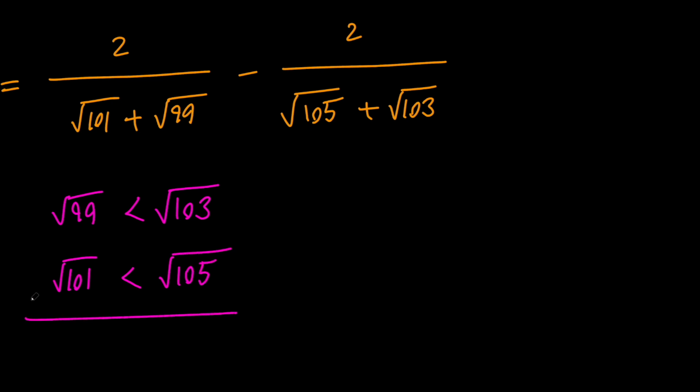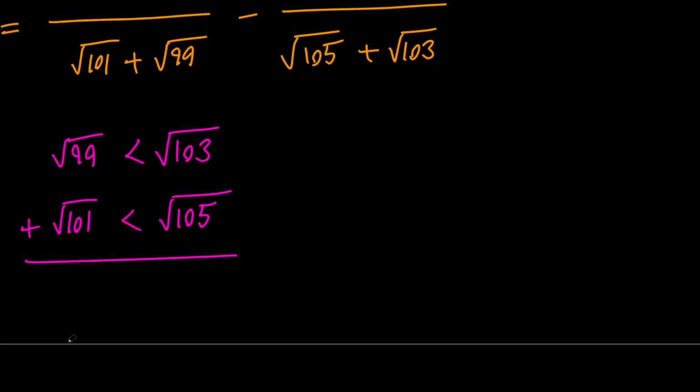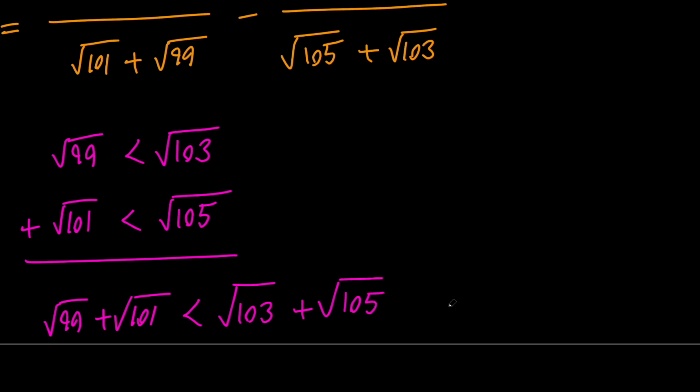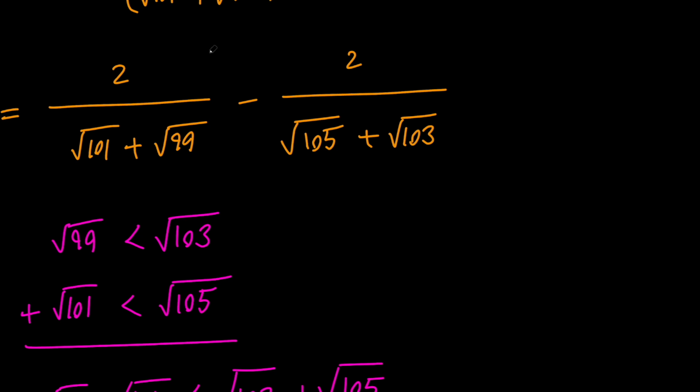So if I add these two, I can say that the square root of 99 plus the square root of 101 is less than the square root of 103 plus the square root of 105, which means that the denominator of our first fraction is less than the denominator of our second fraction. And since the numerators are equal, I can say that the first fraction is greater than the second one.